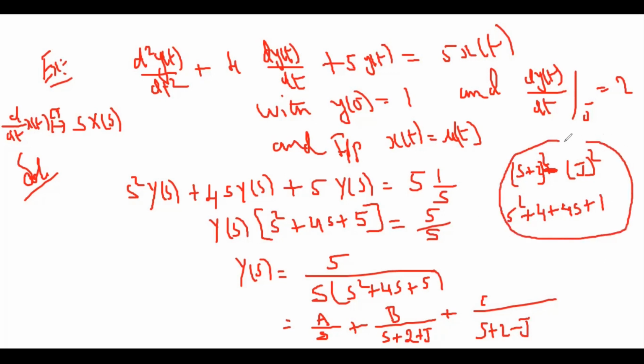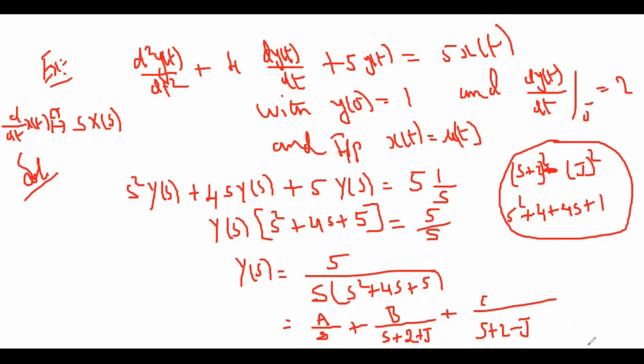These roots will give a plus b into a minus b. Simplify here to find the a, b and c values. What is a? Compare the equations or substitute s is equal to 0. Substitute s is equal to 0, and s is equal to minus 2 minus j and s is equal to minus 2 plus j to get the b and c. A is equal to 1, b is equal to minus j and c is equal to j we will get.